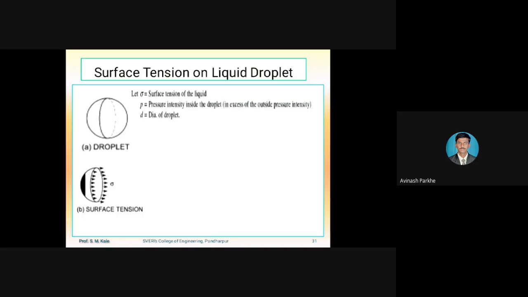The tensile force due to surface tension acting around the circumference of the cut portion will be equal to sigma into circumference. If d is the diameter, the circumference is pi d. So the tensile force will be equal to sigma into pi d. This is the first force acting on the liquid droplet.